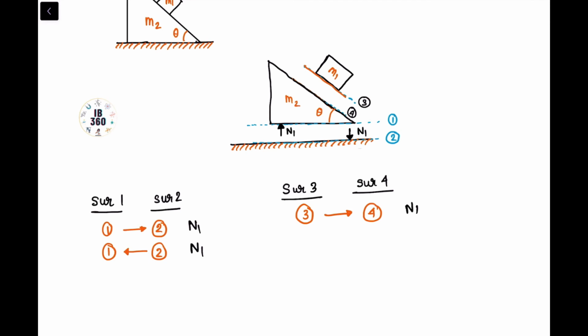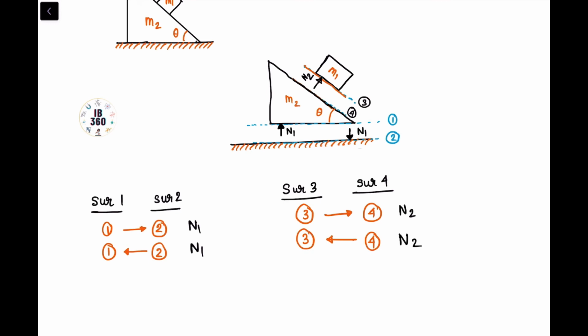Surface 3 will exert force on surface 4 perpendicular to its surface, so in this direction will be our N2. My bad, this will be N2 because N1 is already taken. Similarly, surface 4 will exert the same force on surface 3 in the opposite direction, by Newton's third law of motion.